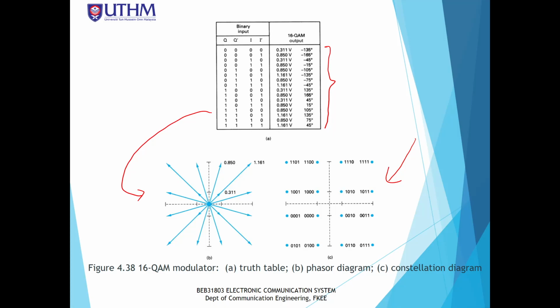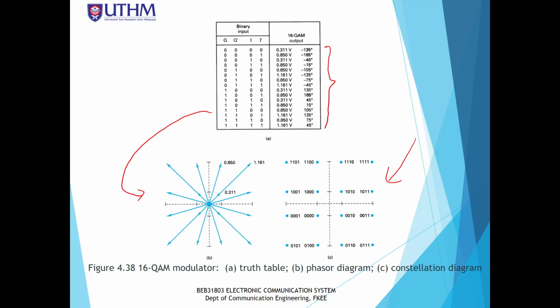You see that we have 4 symbols in each of the quadrants. If you go to a higher level of modulation, you're going to see that the dot symbols will be very close to one another.